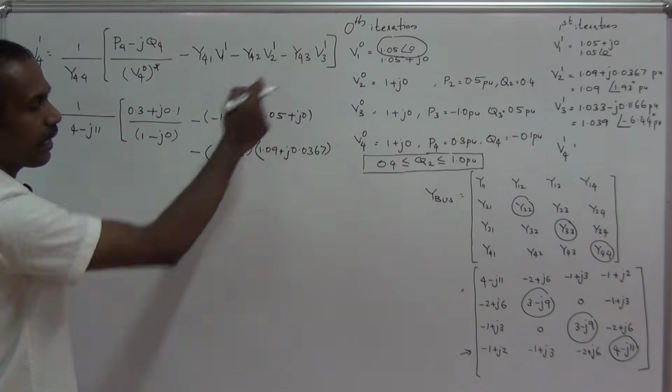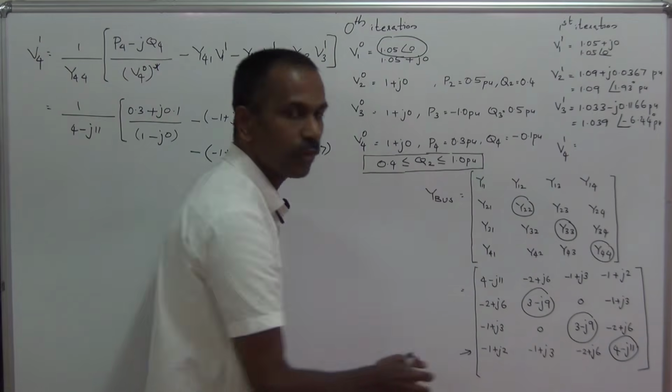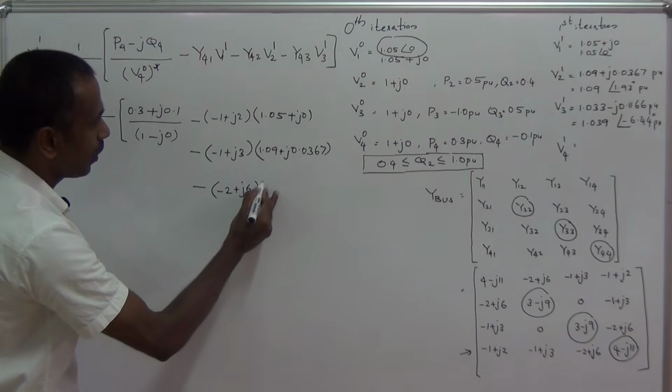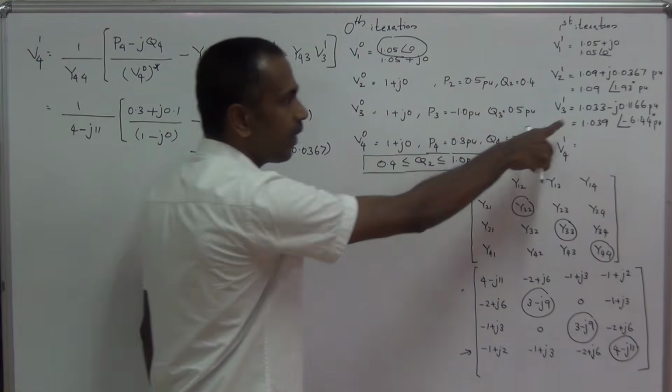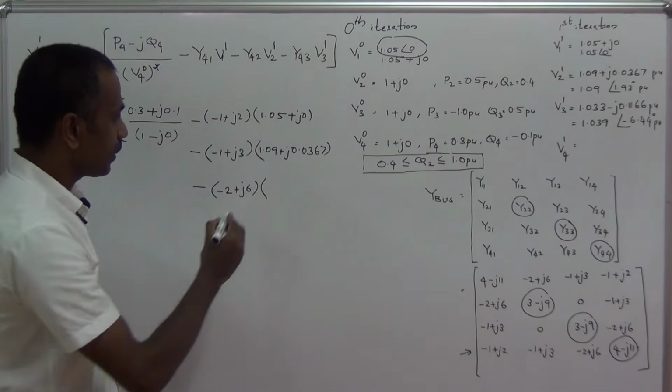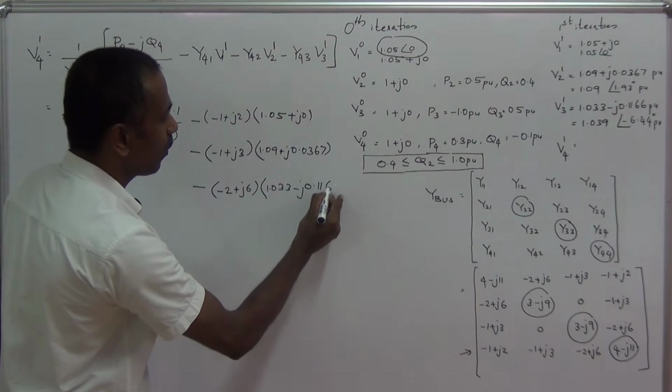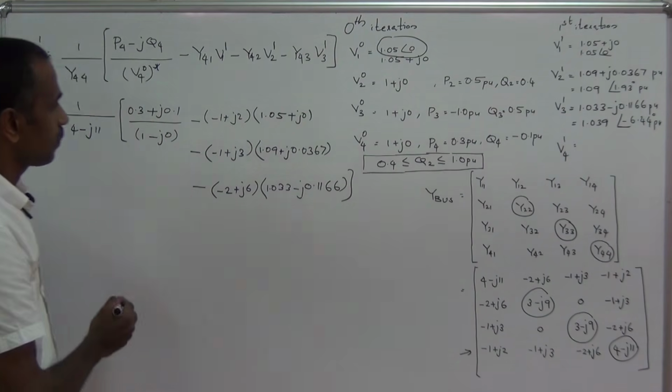Minus Y43 V3: Y43 is minus 2 plus j6 into V3^1, which equals 1.033 minus j0.1166.